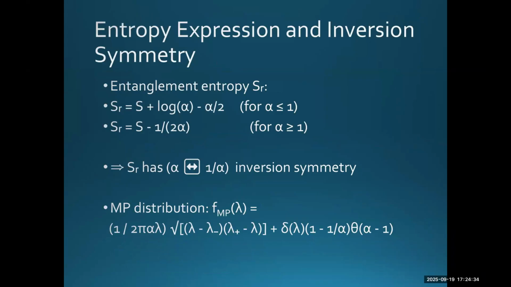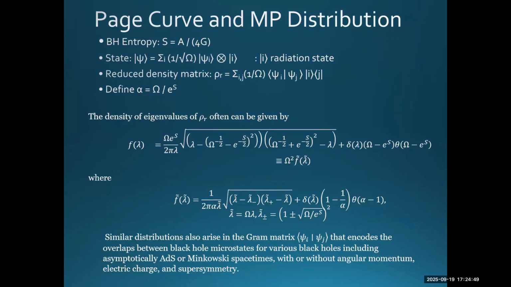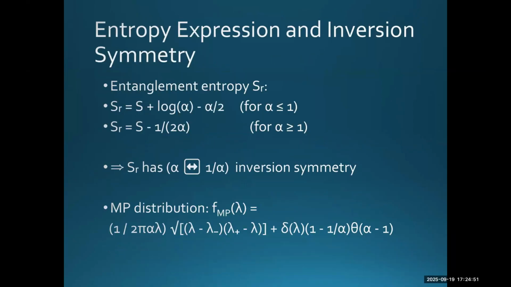Then from this NP distribution, you can easily obtain entanglement entropy, and it follows the Page curve. So if Hawking radiation satisfies this NP distribution, the Page curve comes easily.